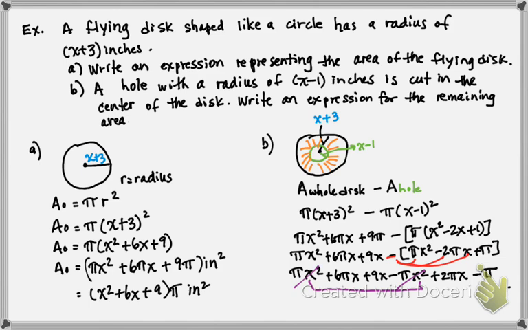They're opposites, so they cancel out. I've got 6 pi x plus 2 pi x. That gives me 8 pi x. And then, oh, you know what I did? Look what I did. That's supposed to be pi.